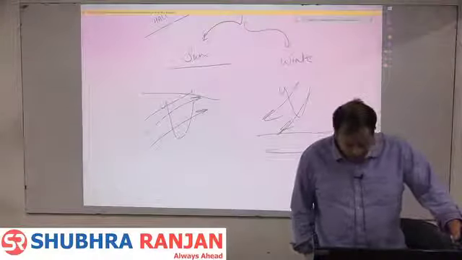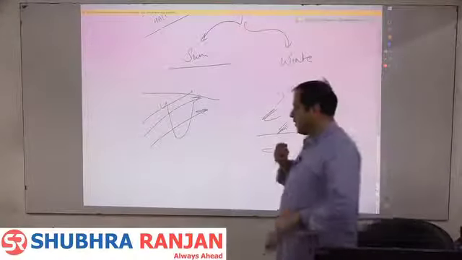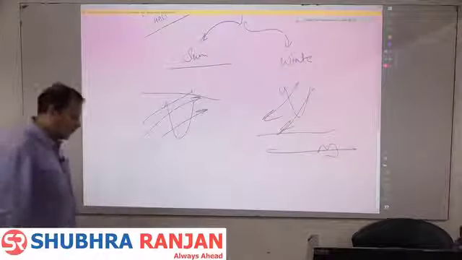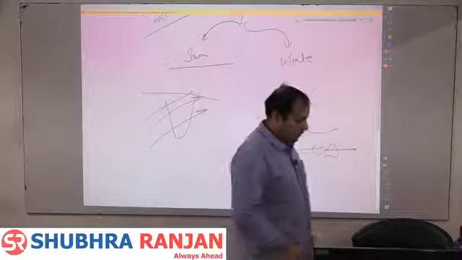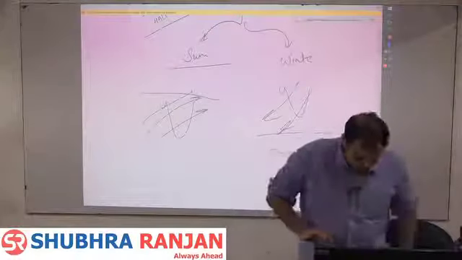So summer monsoon, point number 1. In summer, the sun shines vertically over the Tropic of Cancer.